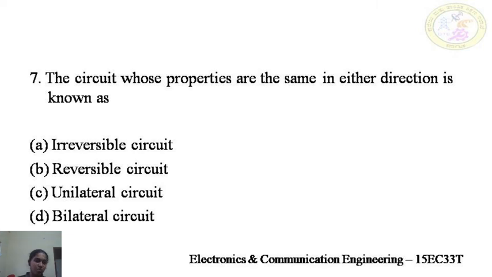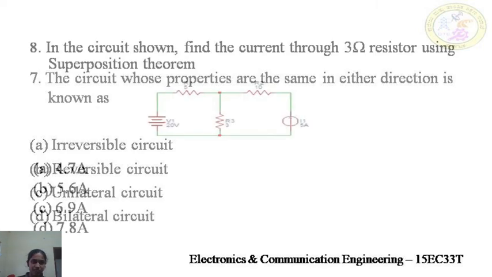And the correct answer is option D bilateral circuit.